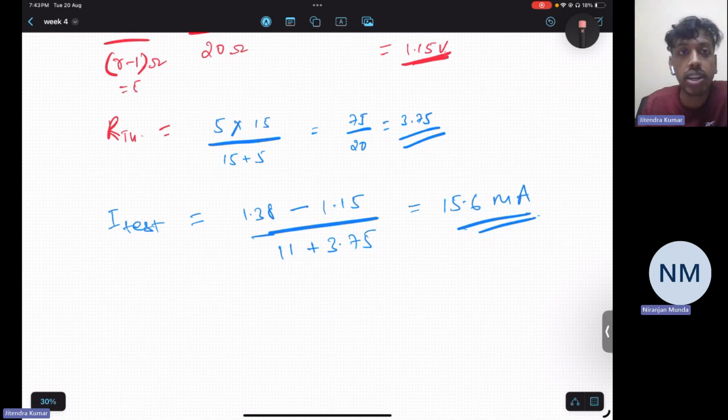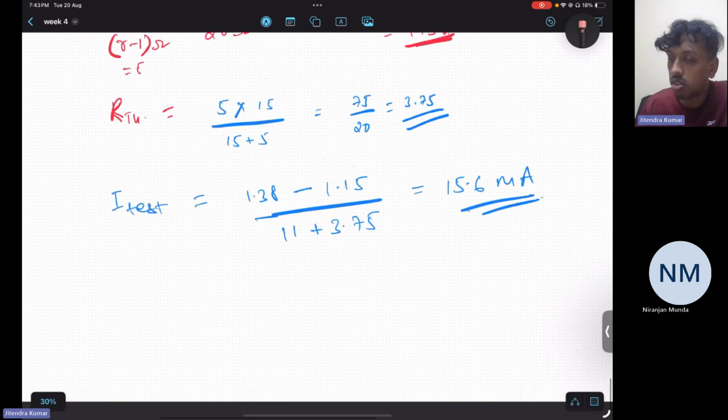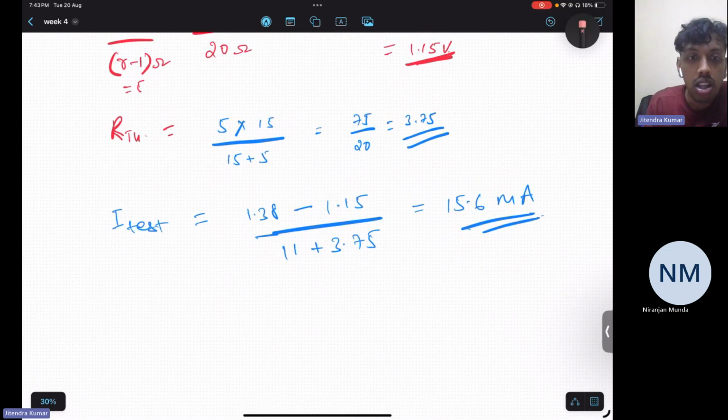Any question related to the Kelvin-Varley potential divider? Have you gone through that or something?